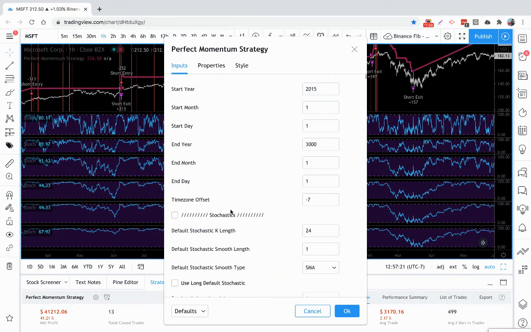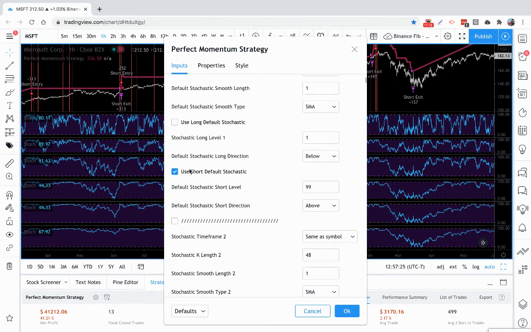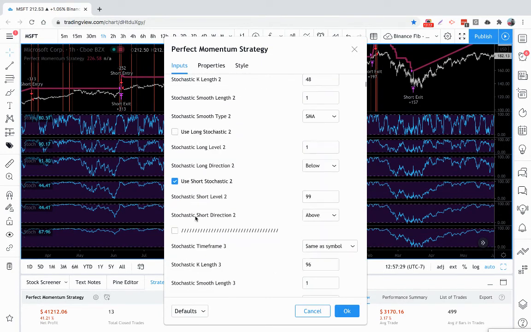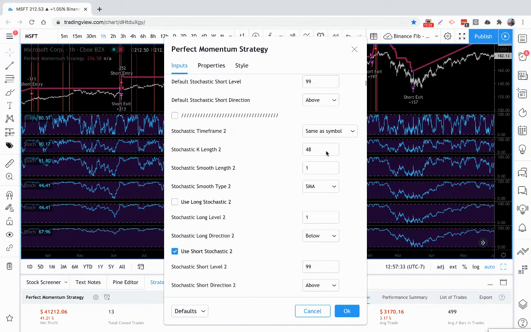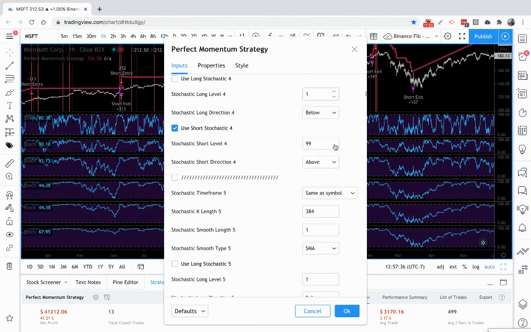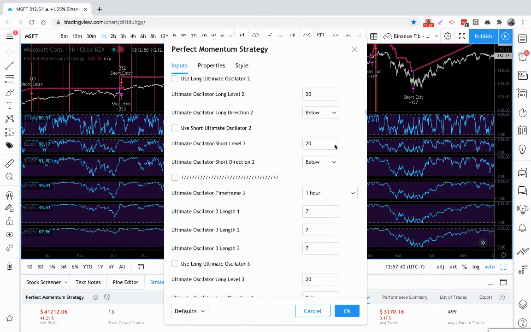So there's unlimited ways to use it. You can use these two together. You can use long and short together. You can just use long only or short only. You can use any combination of stochastics. You can use all of them together, all of them individually. You can change each of their settings. So there's unlimited ways to use it. And then you can, of course, use that with any other setting.